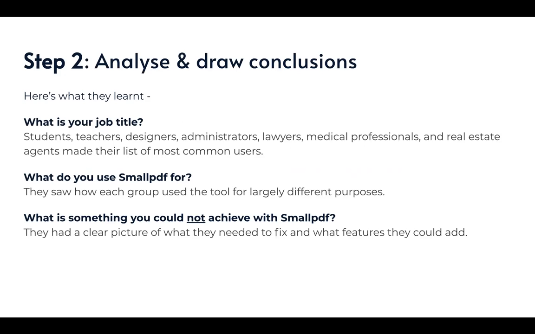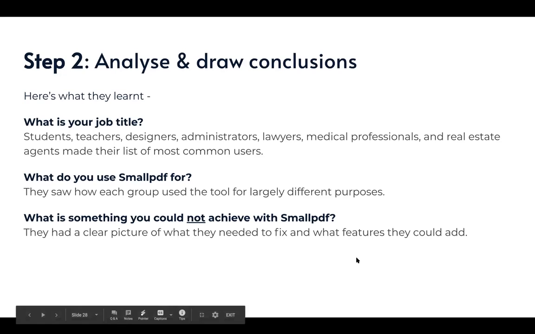Step 2 was to analyze and draw conclusions. They learned that there were a variety of users, starting from students, teachers, designers, administrators, lawyers, medical professionals, and real estate agents. As for what they use Small PDF for, naturally, the use would vary greatly with the different user groups.